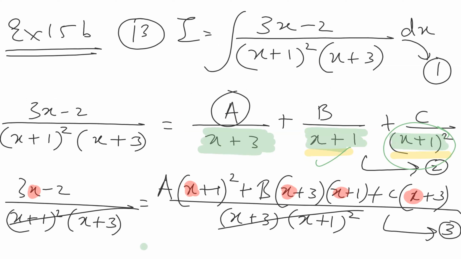So take the value of x as anything apart from minus 3 and minus 1. So let's take the value of x as 0 for the third iteration in this category. Simplest value.